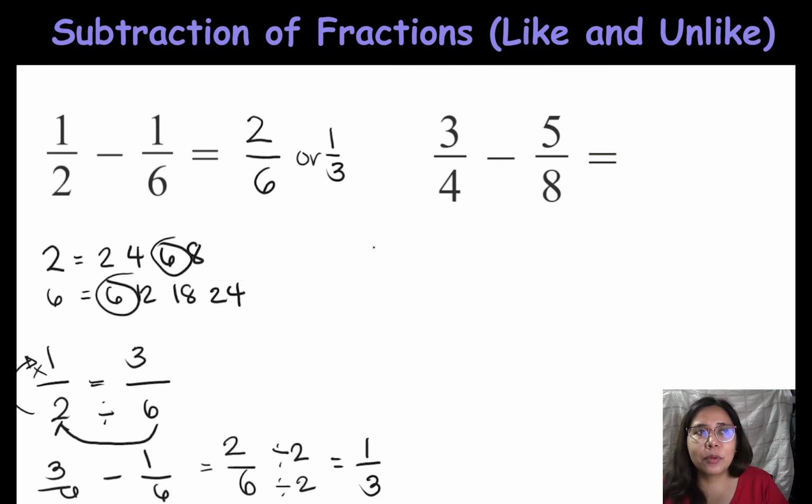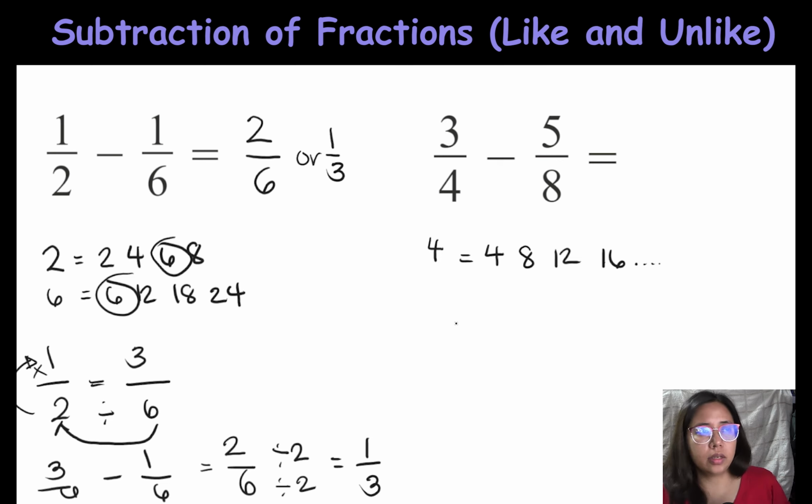So, next example, we have 3 over 4 minus 5 over 8. So, again, ko-convert muna natin to sa like fractions. And to do that, kukunin natin yung least common denominator. Okay, so kunin natin yung multiples ng ating denominator. So, we have 4, 8, 12, 16, and so on.